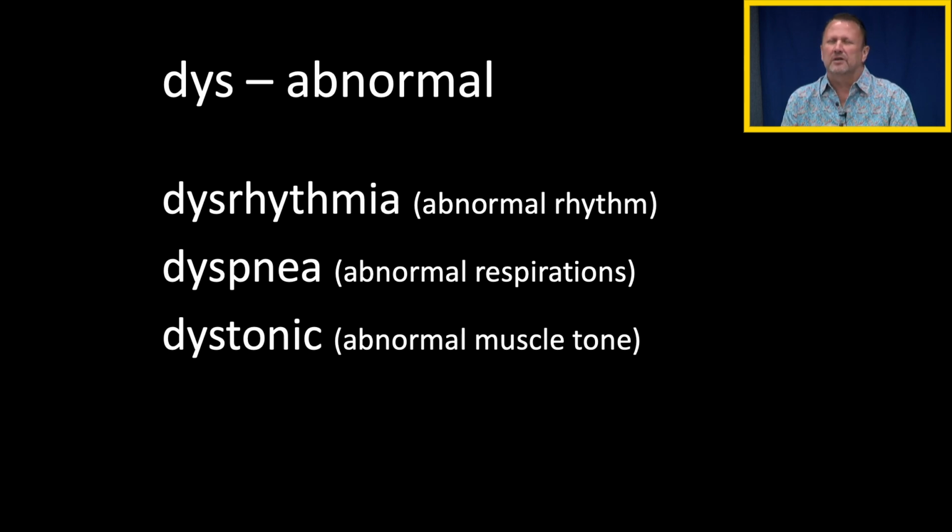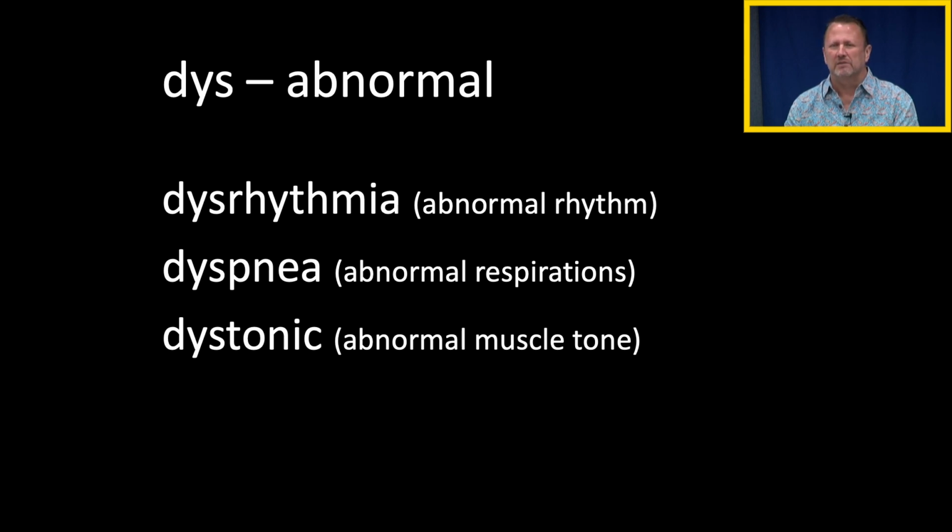Now, we can watch them and see labored respirations, but if they're like, I feel short of breath, well, you can watch them. Maybe their respiration rate is fine, and maybe they're taking normal inspirations. But if they say, I don't feel like I'm getting enough air, they're dyspneic. They have dyspnea. And so just because we use the word dys doesn't mean it always means the same thing.